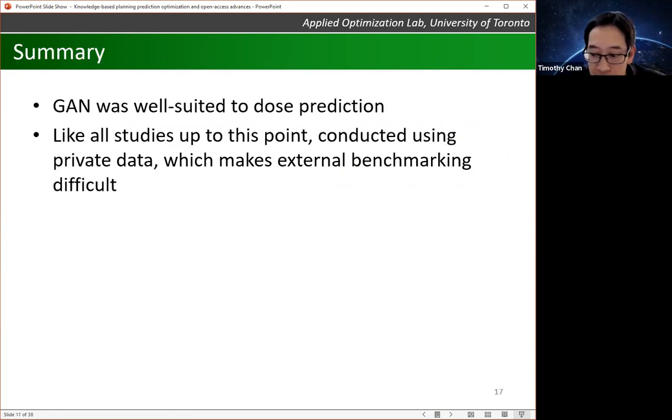So, just the summary for this first part: when we were working with GANs, we thought they were very well suited for dose prediction, certainly better than some of the existing methods out there. Since that time, the field has moved forward, and people found GANs to be harder to train and a bit more sensitive.